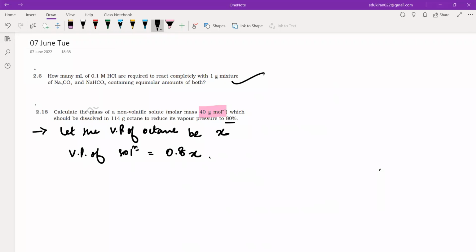Correct? Yes or no? ये बताइए समायरा. Second point is clear? Okay, fine. ऐसे लिख सकते हैं, vapor pressure of the solution will be 80% of x. Yes, sir. ठीक है.